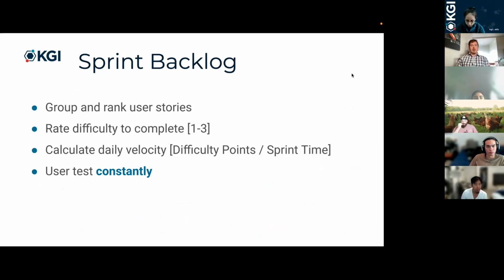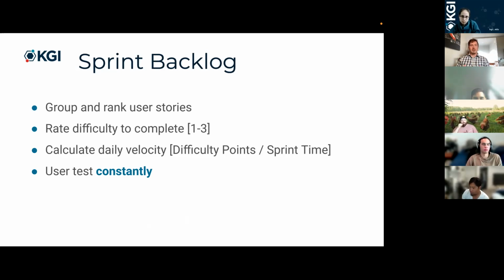Okay, sprint backlog. Our main goal here is to group and rank our user stories, right? That's step one. So we've come up with some user stories in the wireframe. I would encourage you as a team in your first meeting to go through some of those user stories, maybe even come up with additional user stories, and then decide as a team which ones you think are going to be most important to include in your MVP.